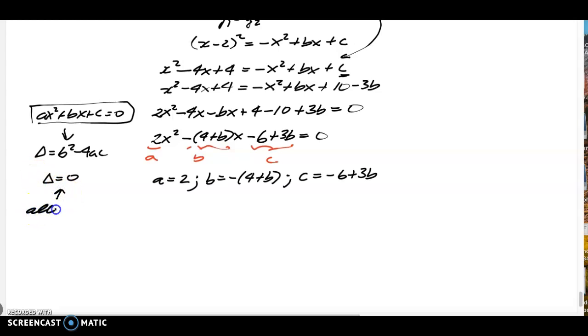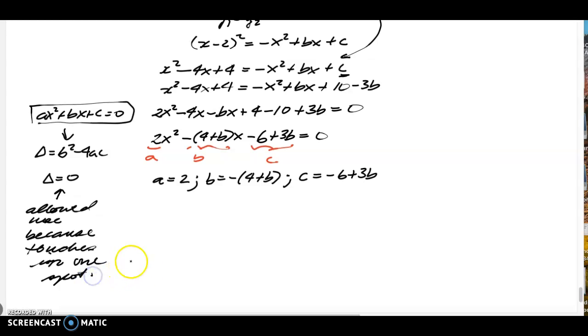We're allowed to use this because it touches in one spot. Right? That's basically seeing the tangent. And the tangent is an idea that we're going to see next year, which makes it solve more simply. So I'm now just going to write this down.